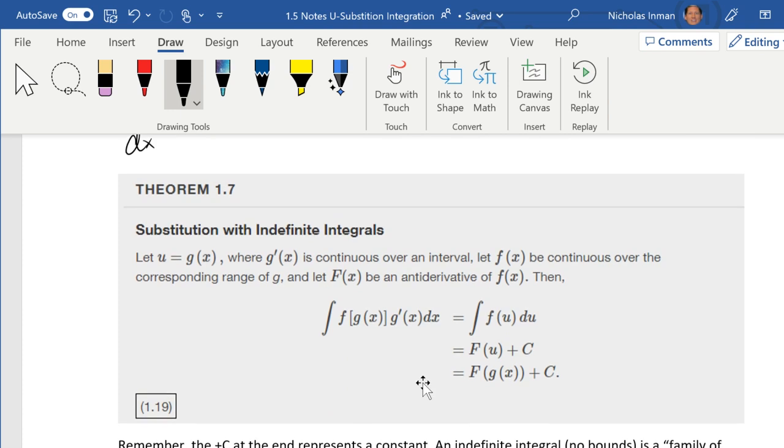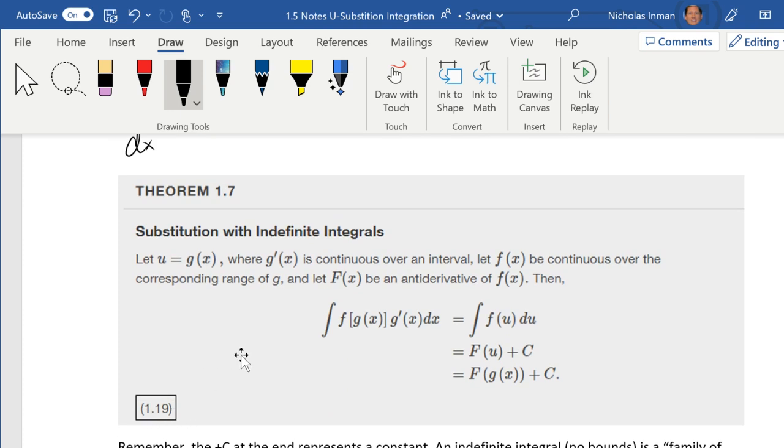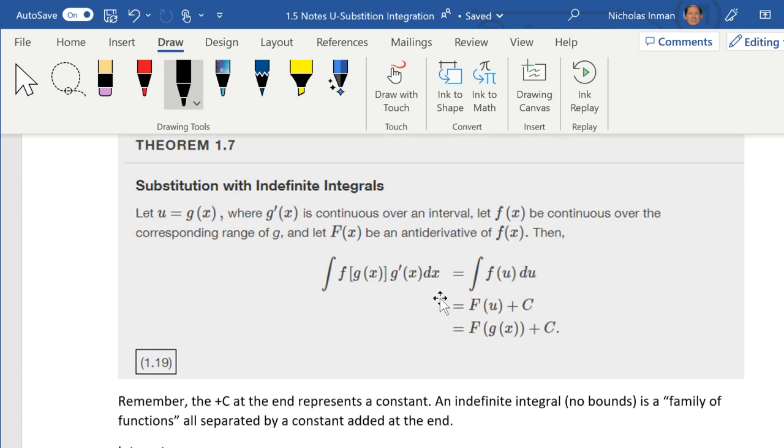All right, the help comes in the form of this idea of a u-substitution. When you see a function inside of something else, a composite function, what we try to do is let u, this letter u, be equal to this other function. And then hopefully we can take the derivative of that function. And it needs to be a continuous derivative. Okay, f is also continuous.